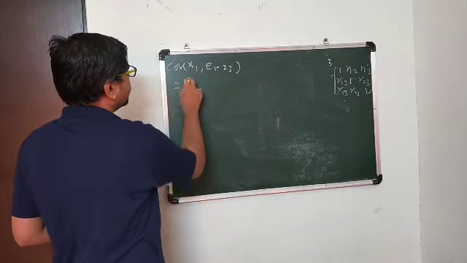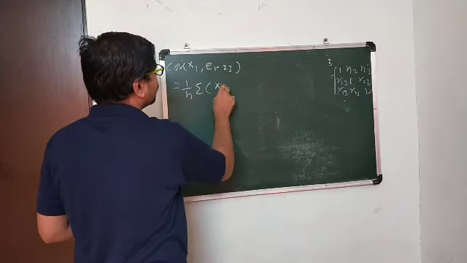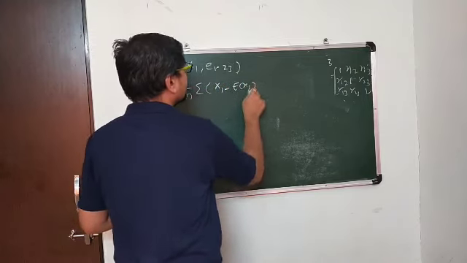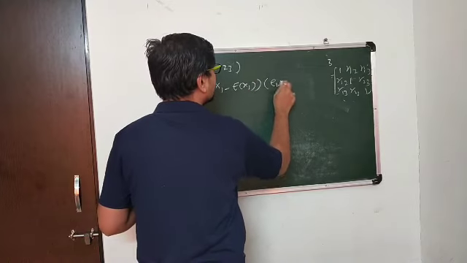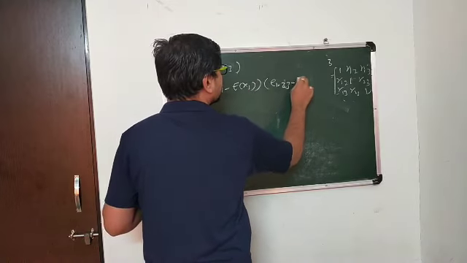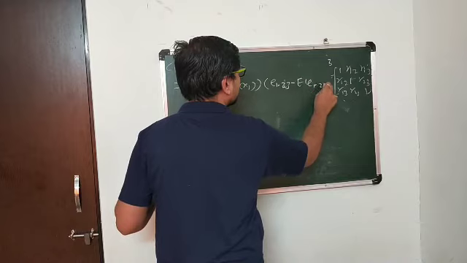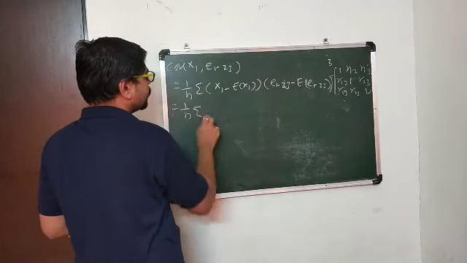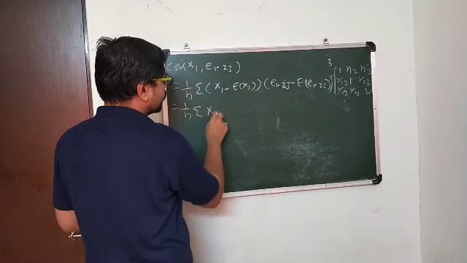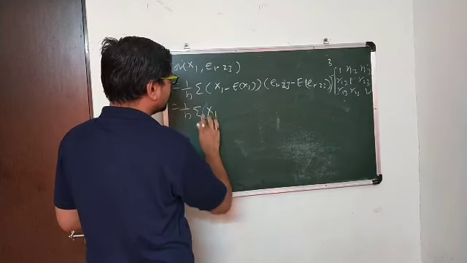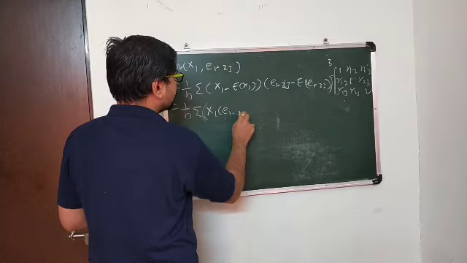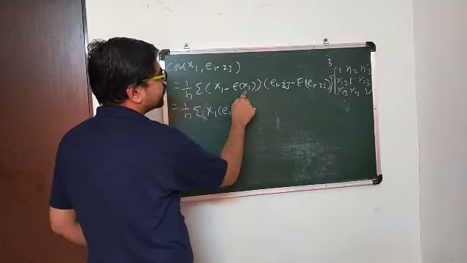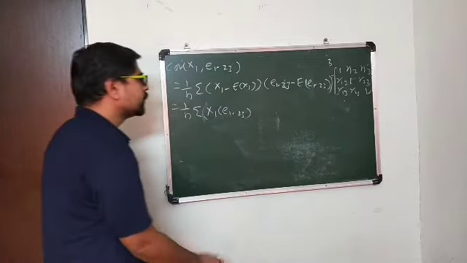The covariance is the same as 1 upon n summation of x1 minus the expected value of x1, into e1.23 minus the expected value of e1.23. So it is 1 upon n summation x1 into e1.23, as the expected values of x1 and e1.23 are 0.